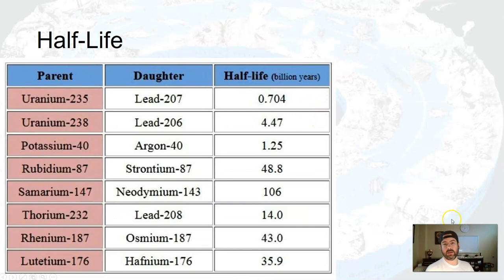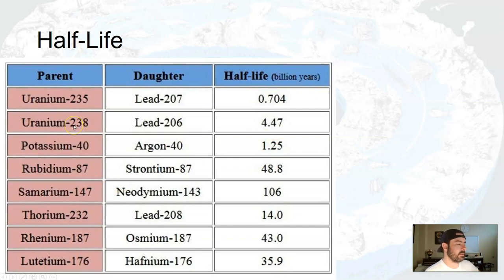Different isotopes have different half-lives, the time it takes for half of the parent material that's left to decay to the daughter product. They range from small amounts of time to large. On this scale, which is in billions of years, some have a half-life of just a fraction of a second, which wouldn't be useful in dating. But for instance, potassium decays to argon-40, and the half-life, where half of the potassium would decay to argon, takes 1.25 billion years.